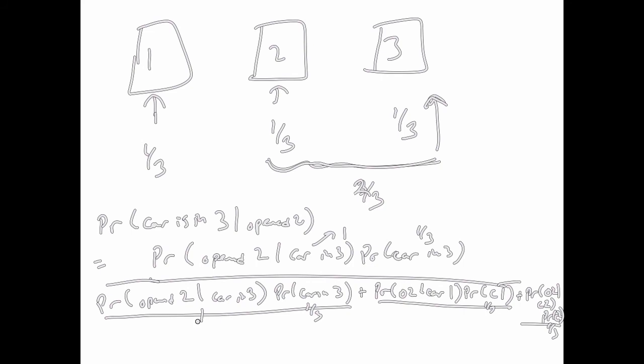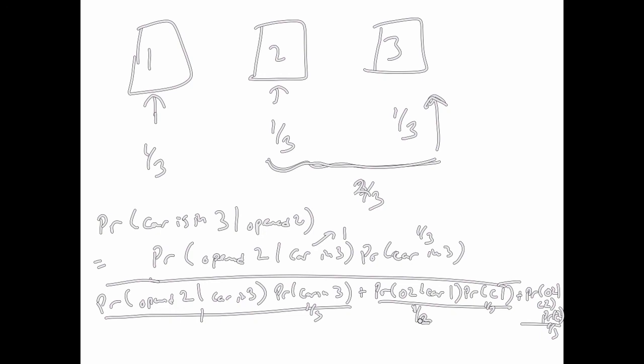Given the car is in 1, and given you chose 1, Monty can open either 2 or 3 with equal likelihood, because he can't reveal the car, since the car is not in 2 or 3. So it's equally likely he opens 2 or 3. So this thing over here is a half. The chance of opening 2 given that the car is in 1 is a half, because he might open 2 or he might open 3 with equal likelihood.